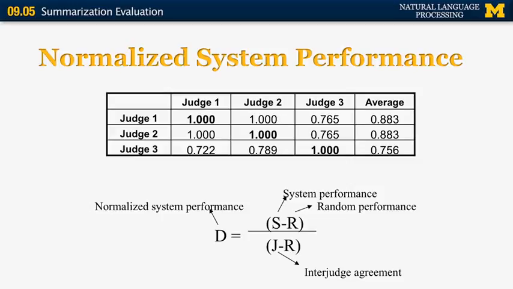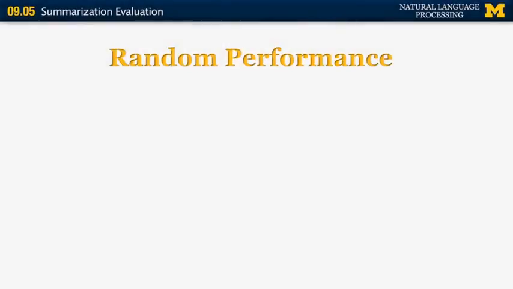We're going to get a normalized performance of 0. So any system is going to get a performance between 0 and 1 in most cases. If it gets something lower than random, that's possible in theory. We're just going to assume that it was not lucky, it got even worse performance than random. And if it gets something higher than the judges, we can also ignore that because we cannot evaluate something that works better than the judges agree with each other. So how do we compute random performance?